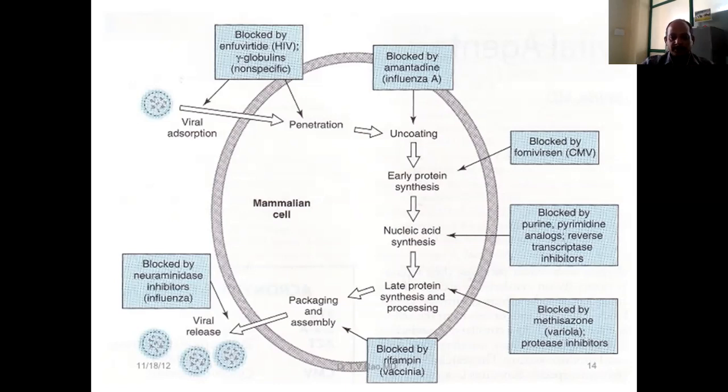Late protein synthesis and processing can be blocked by methisazone in the case of variola virus. They can also inhibit protease. Rifampicin can block packaging and assembly. Neuraminidase inhibitors act on influenza.